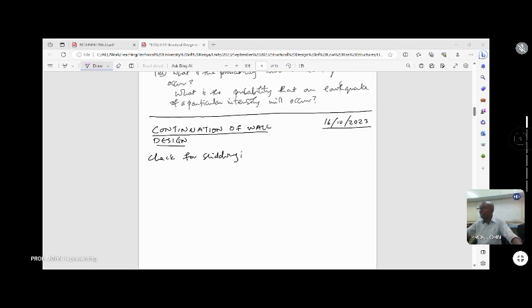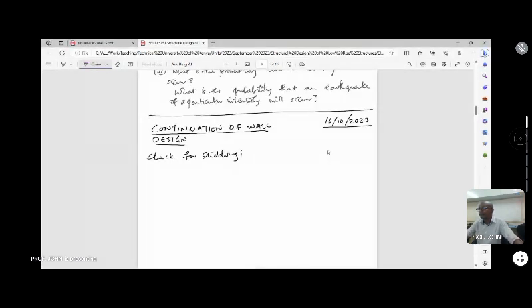So we want to calculate now the destabilizing force. Stabilizing force, destabilizing force.